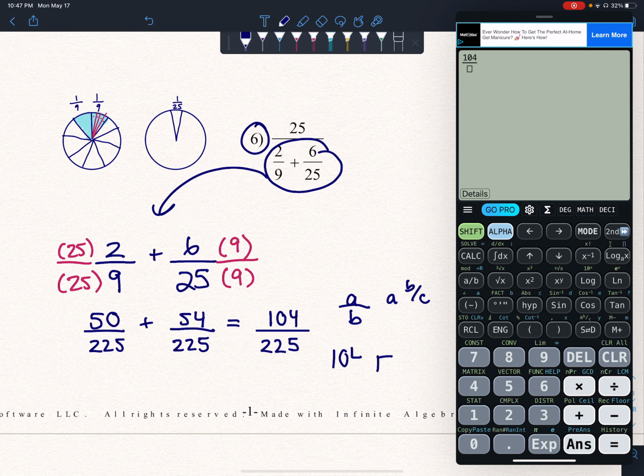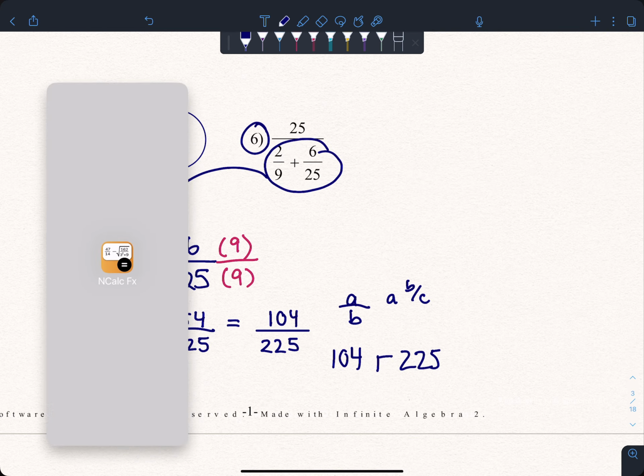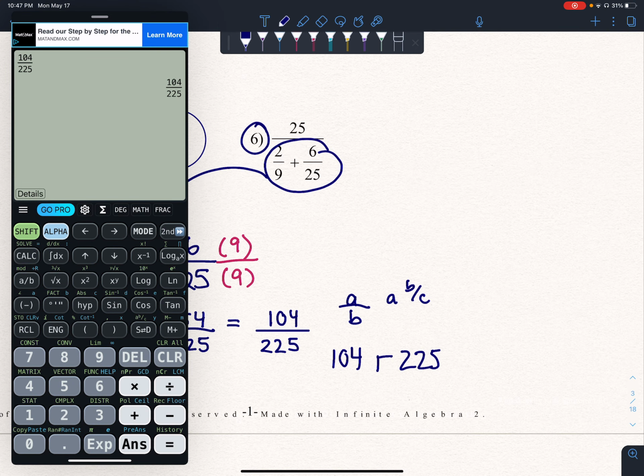So if you type it in, it should look something like this. And when you hit enter, in fraction form, it will let you know if it's simplified. So that's something that you can use. In this case, it is already simplified, so we're just going to rewrite this now.